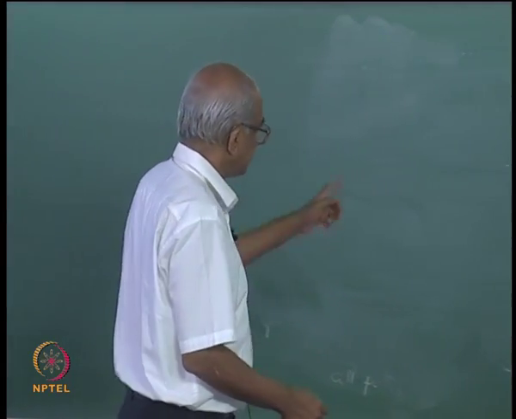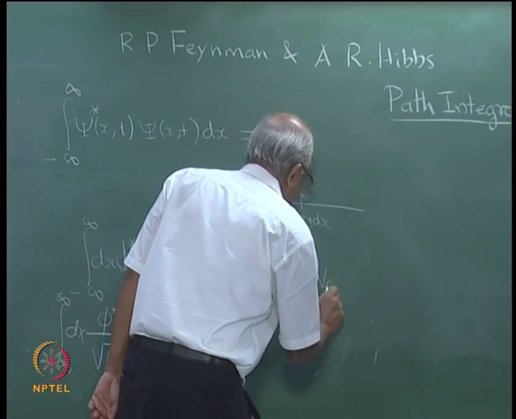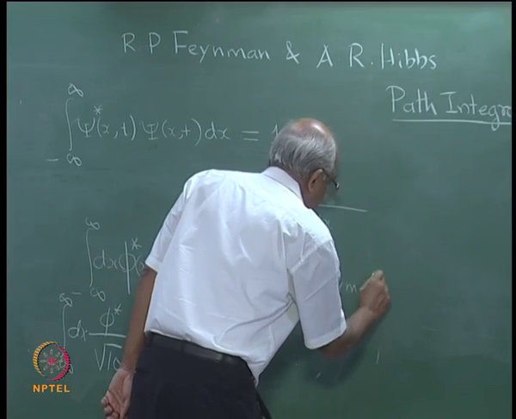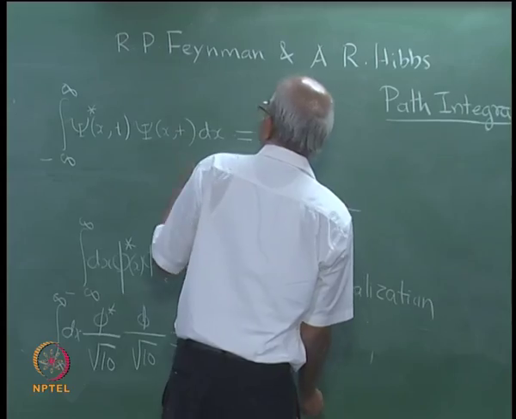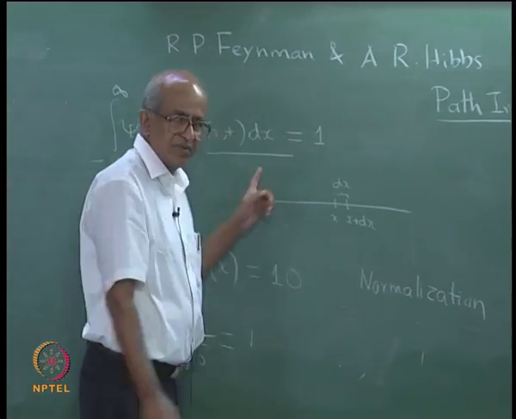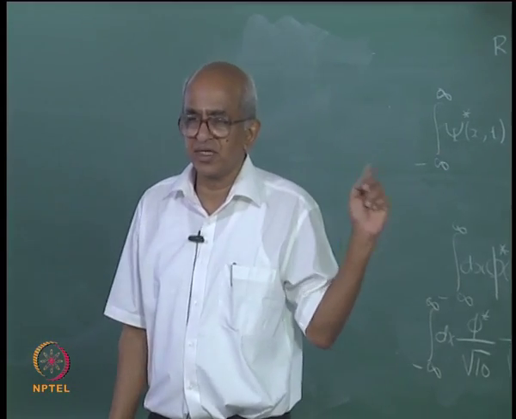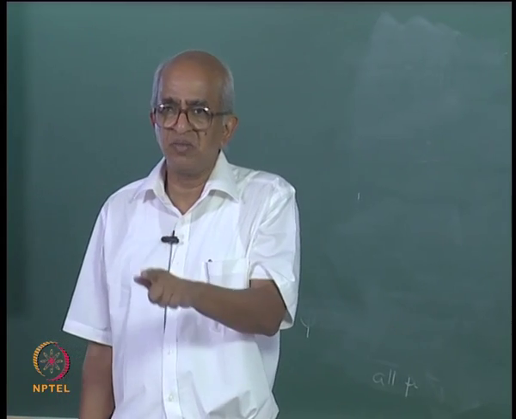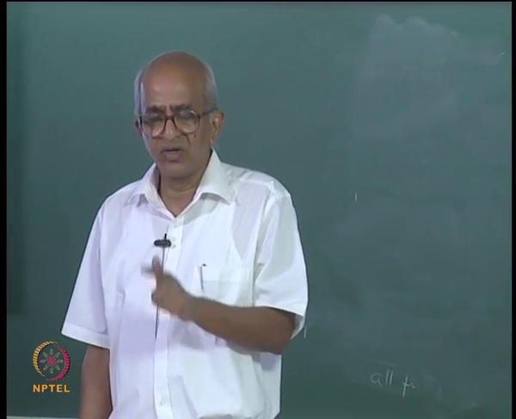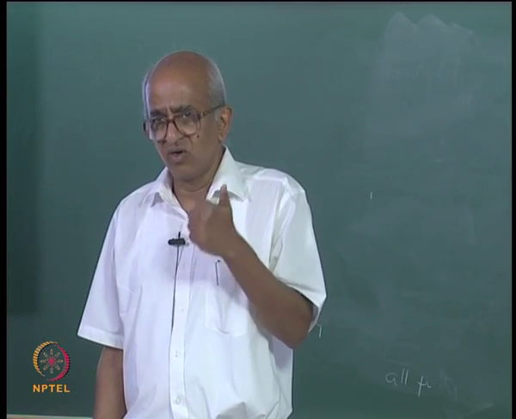This process is referred to as normalization. And any function which satisfies this condition, we will say that it is normalized. If a function is not normalized, it is possible for you to normalize it. What do you do? You multiply it by an appropriate constant.